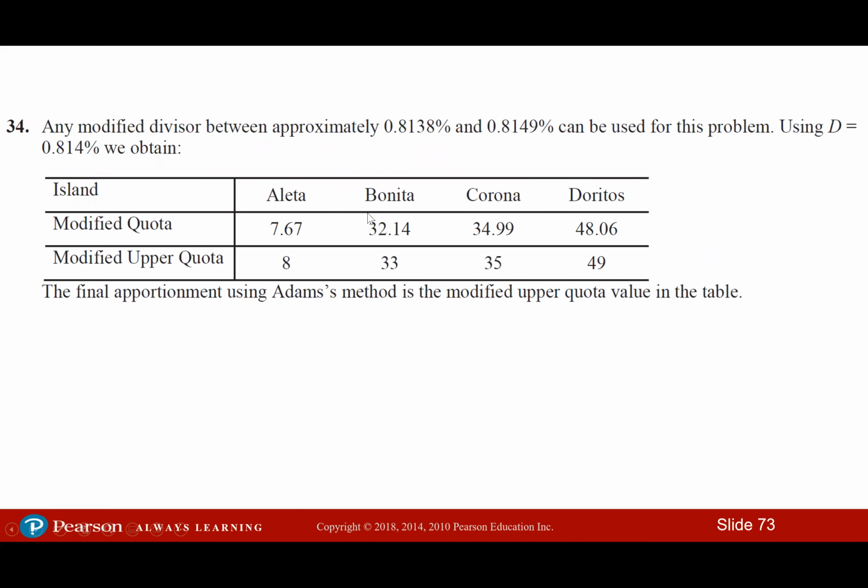So in this case here, if you used 0.8138 all the way up to 0.8149, those would have been just fine. And according to the Adams method, you're always rounding up, and you have what you need right over here.